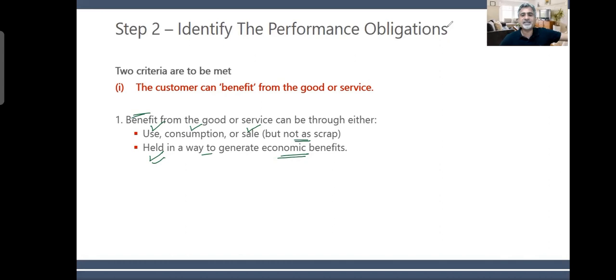So, when I say that customer can benefit, the question arises, what do you mean by benefit? Benefit means that whatever I have provided you, either you can use it, or you can consume it, or you can sell it, but not as a scrap, or you can hold it for future to generate economic benefits.